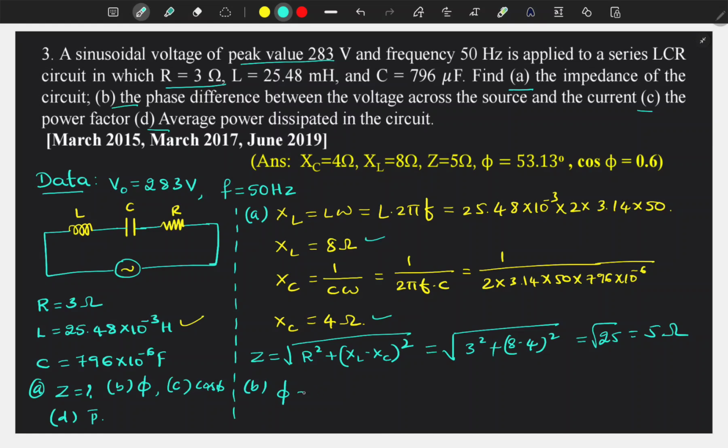So we'll get phi is equal to tan inverse of XL minus XC by R. So XL minus XC divided by R will give you 4 by 3. Tan inverse 4 by 3 is 53.13 degree.